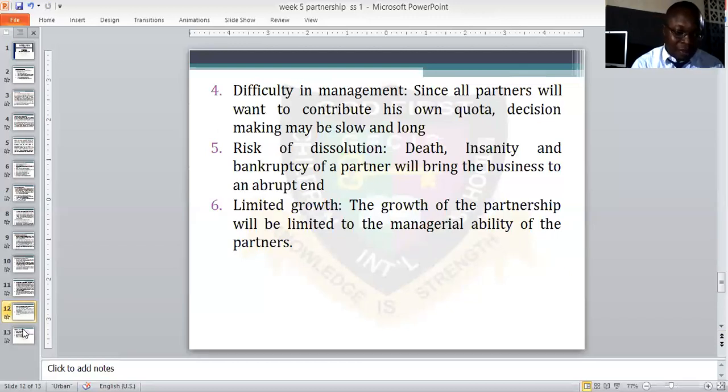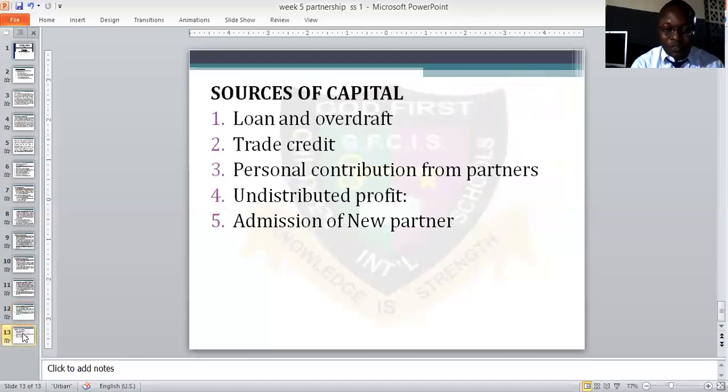Then briefly, we also have the sources of capital for partnership business. One, they can get loan and overdraft from the bank. They also allow trade credit, which we discussed in the other business organization, the sole proprietorship.